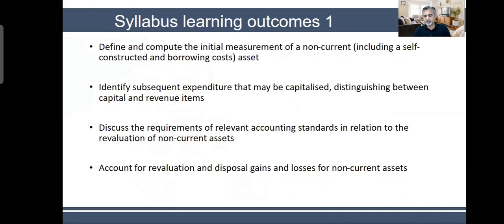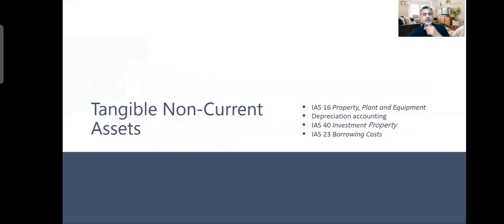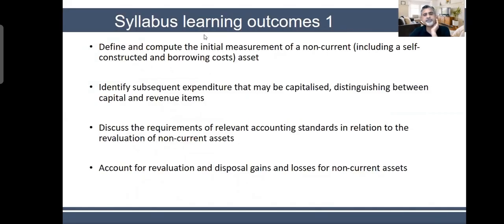So coming back to the topic, what we are going to discuss is how to define and compute the initial measurement of a non-current asset, including self-constructed and borrowing cost assets.